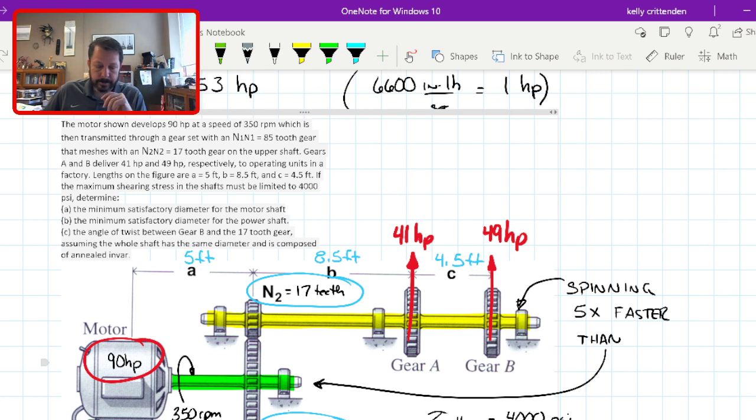That'd be one way to do it. You could just use the ratios, 49 to 41, as the amount of torque that would be remaining if you wanted to work it that way. But you could do it multiple ways to figure out how much torque is remaining in that gear section from gear A to gear B.